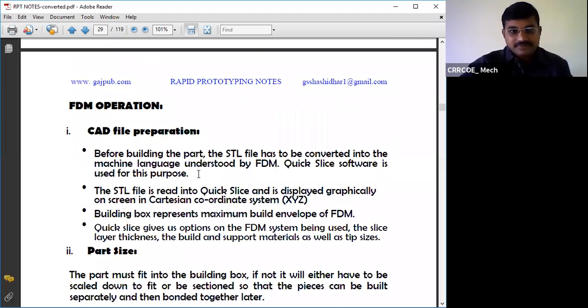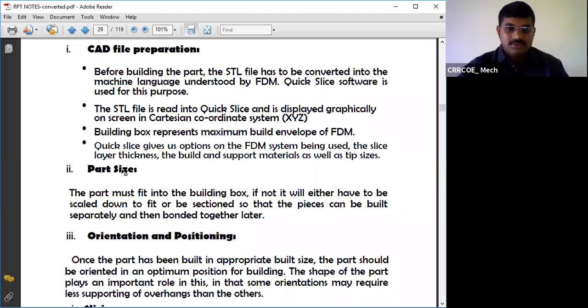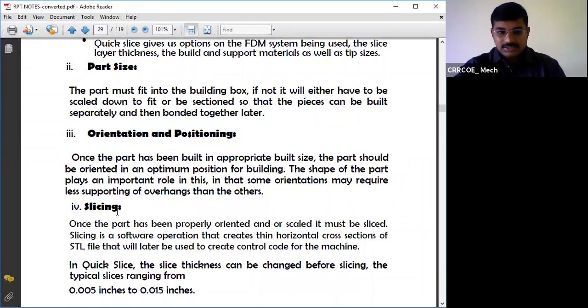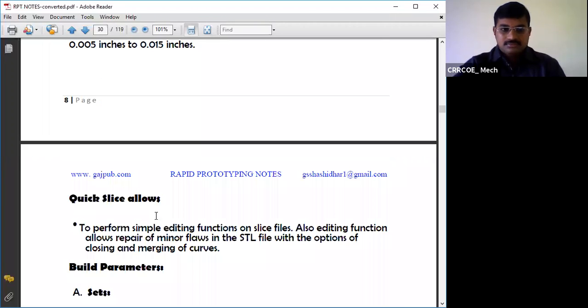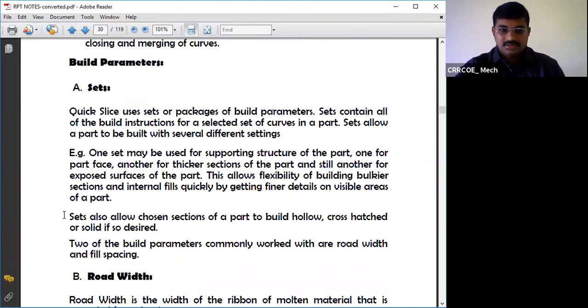In FDM operation they have given 4 steps, similar to the previous: CAD file preparation, part size, that is component size, orientation and positioning, that is at what angle we are going to place this particular building component, and slicing. Then build parameters.